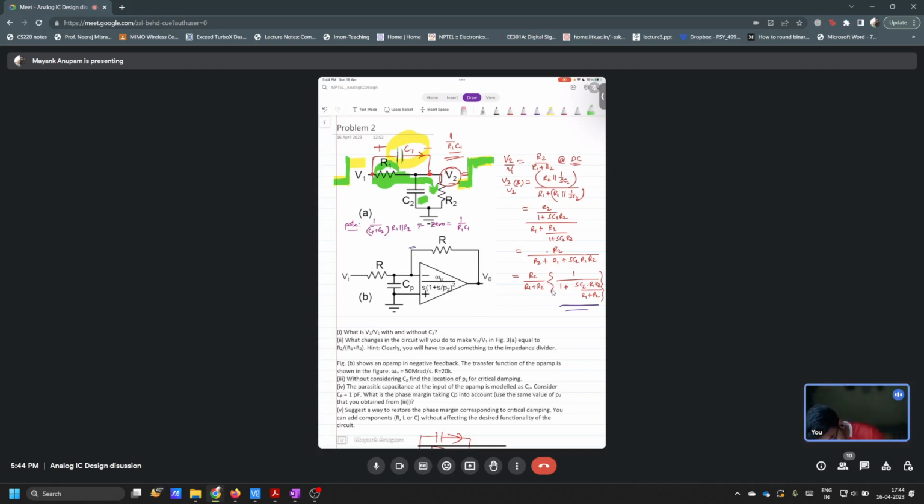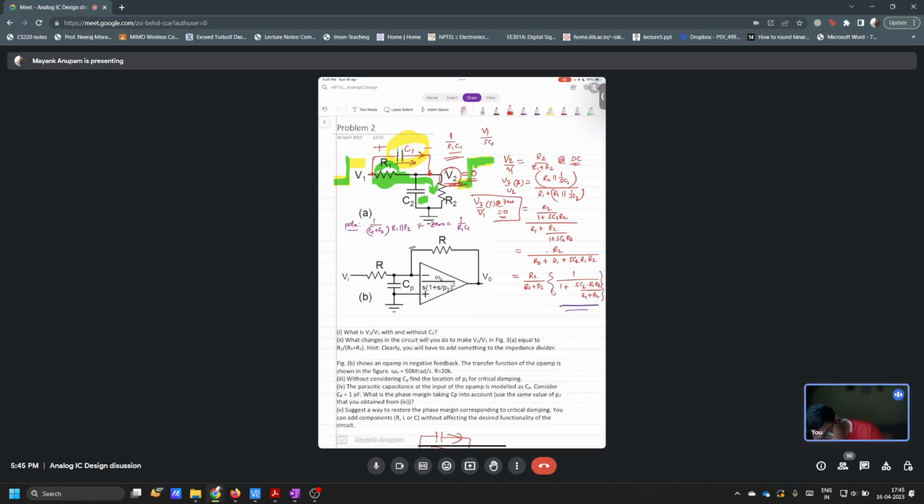So what I did was, at the location of the zero, you know that V2 by V1 of S should be 0, right? So V2 will be 0, correct? Now if V2 is 0, what is the current flowing through this C1? It is V1 by 1 over SC1, right?